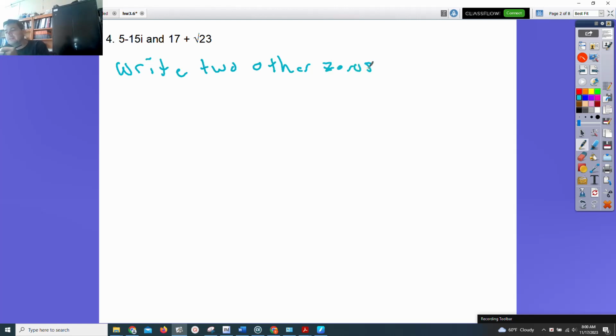And the idea here is that weird zeros have conjugates. That's what I'm going to write, weird, because that's weird. Weird zeros have conjugates.